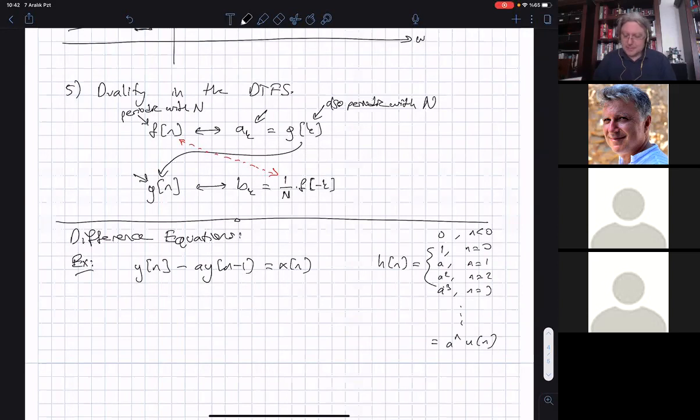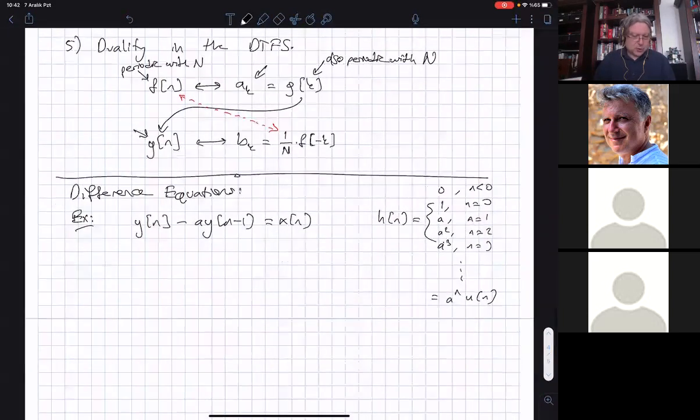But now I'm going to show you the proper way of solving this. I will take the discrete time Fourier transform of both sides of the equation, and it's going to give me Y of e to the j omega minus a times e to the minus j omega times Y of e to the j omega is equal to X of e to the j omega.